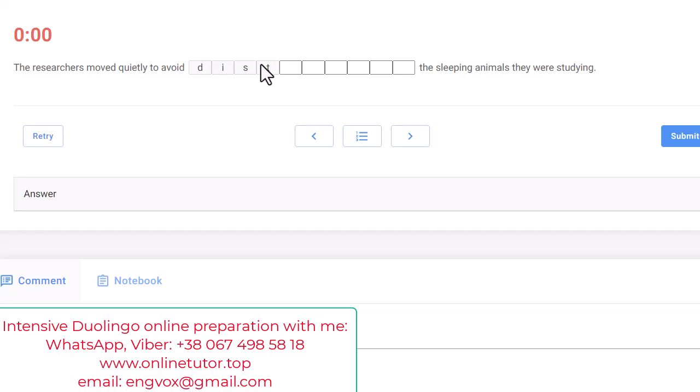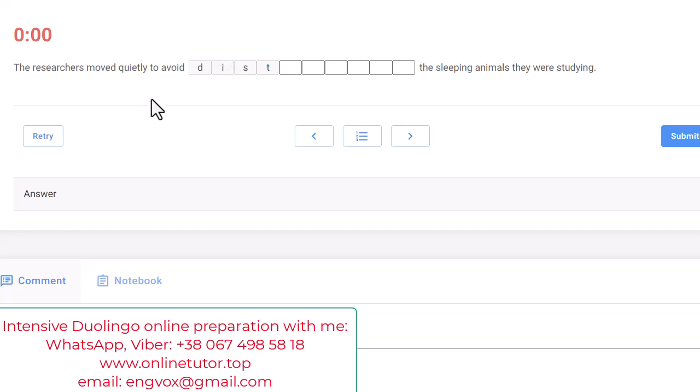No, it's already a big helper here. So to avoid... the sleeping animals they were studying. I see, animals sleeping, researchers studying, nothing special. We see it's about biologists who study some animals and they move quietly, not loudly, to avoid doing something or to avoid something.